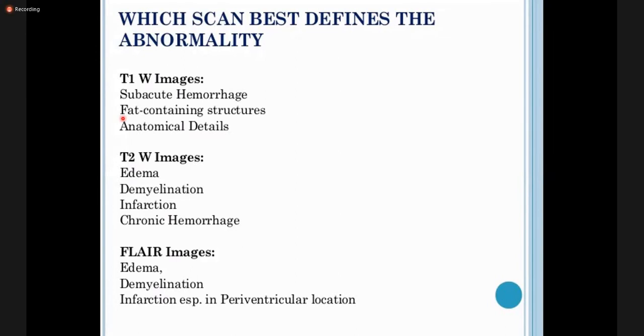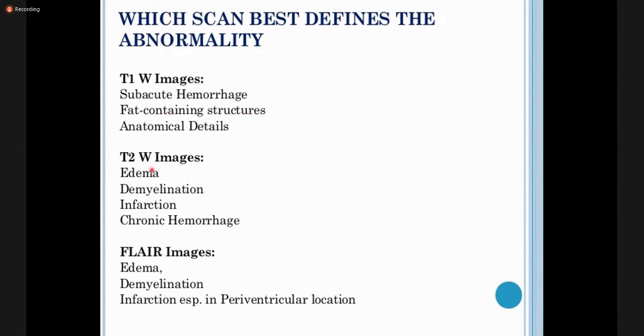Then, which sequence defines abnormality best? The T1 weighted image shows subacute hemorrhage very well, subacute hemorrhage, not acute hemorrhage. Fat-containing structures appear very bright on T1, and it shows anatomical detail.